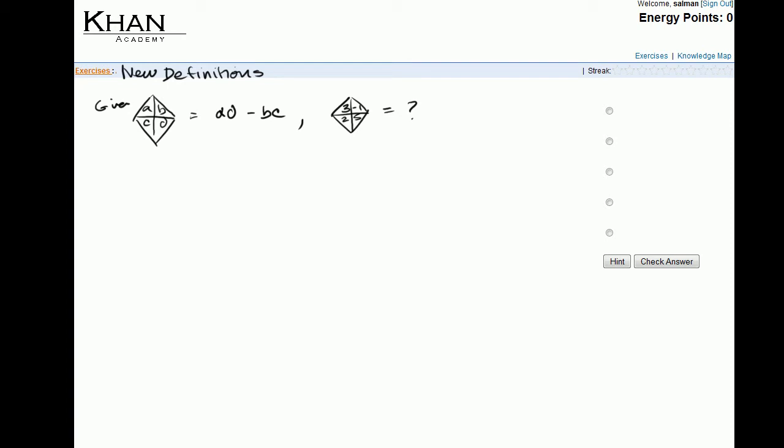And then for the, we just solve the problem. We just say, well, that thing, let me write that thing there. 3, -1, 2, 5 is equal to, and we could even color code it a little bit. We could put the 3 in blue, so it'll become 3 times this 5.